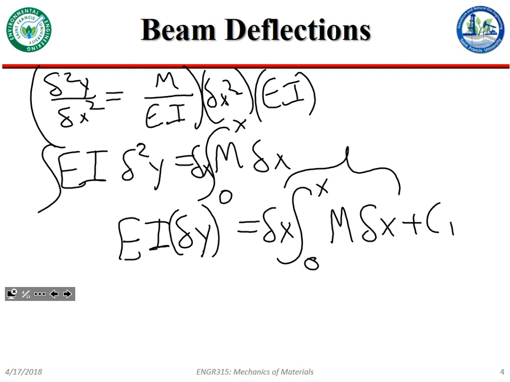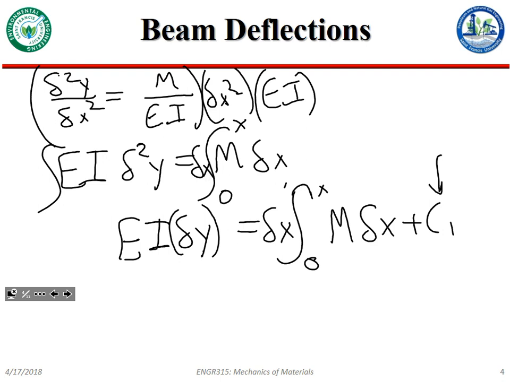And the constants of integration in calc class, how did you normally figure out what they were? The way you usually figure out these guys is based on boundary conditions or places where you know what the answer is.